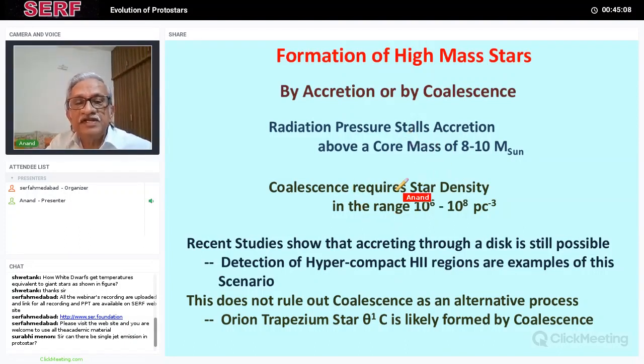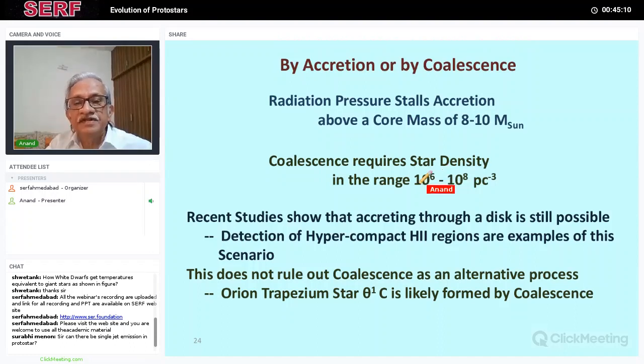Coalescence is another process that is suggested. That means if you have a stellar density in a very dense cluster of 10 to the power of 6 to 10 to the power of 8 stars per parsec cubed, then the stars can dynamically affect each other and coalesce, and two intermediate mass stars can coalesce to form a large star.